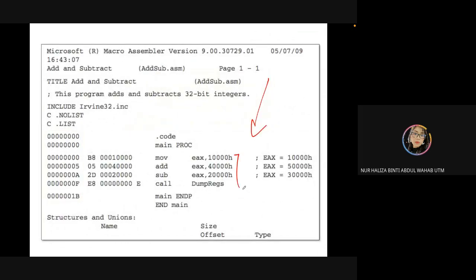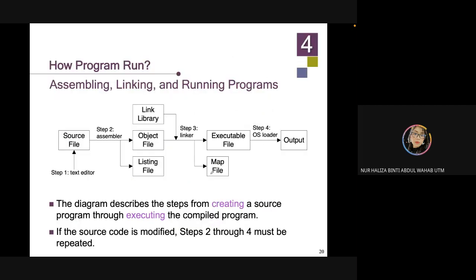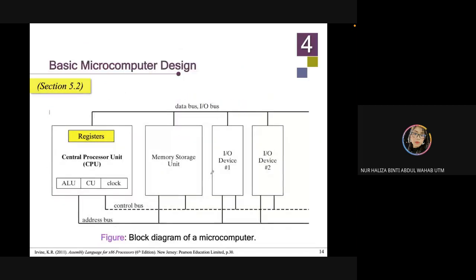You have, let's say, 3 or 4 lines here. But in your C programming, in your higher level language, maybe you just need one single line. So your computer just reads one line, then you get a similar output to whatever you did in assembly language here. That's why it's much faster.